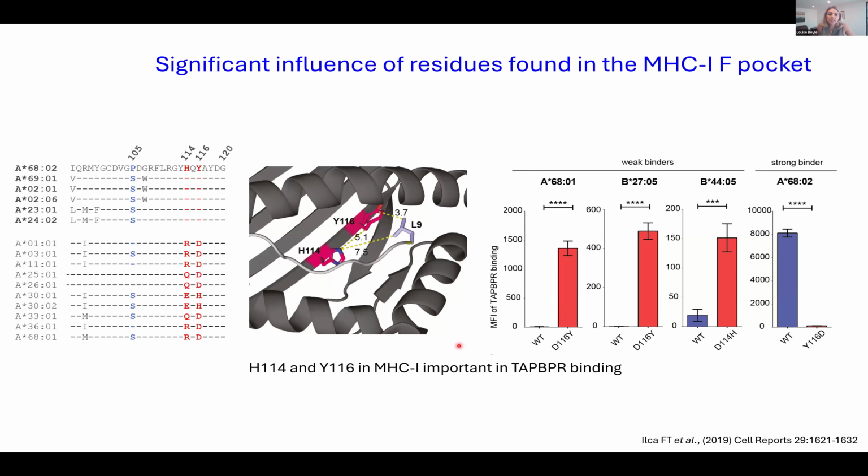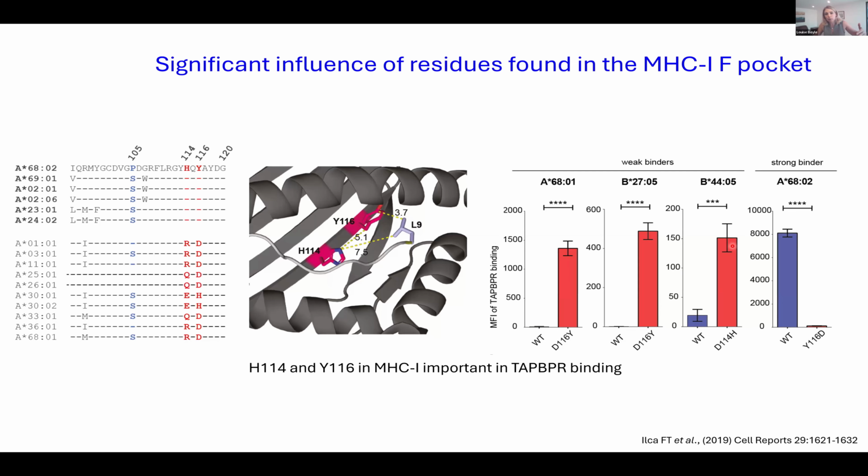So here you can see TAPBPR binds weakly to HLA-A6801 molecules, B27 and B4405 molecules. But when we make a single amino acid mutation to ensure it has the HXY motif now in the F pocket, we now see much stronger binding of TAPBPR to these MHC class 1 molecules.